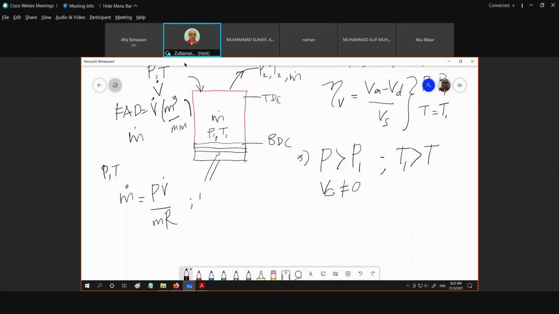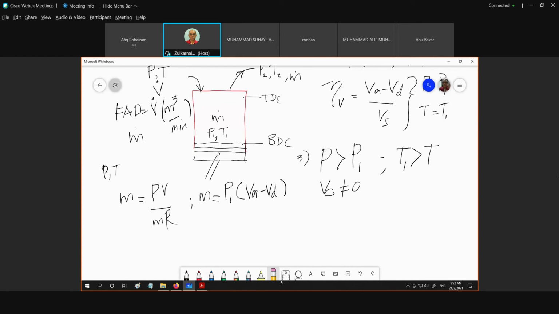And another one, we have M dot, which is measured at this condition towards the end of the induction stroke. So here it is P1, and then its V here is VA minus VD. If I want to look per cycle, that means I will remove all the dots.